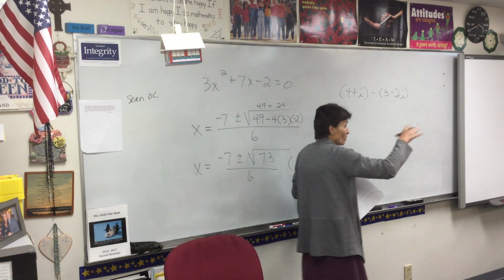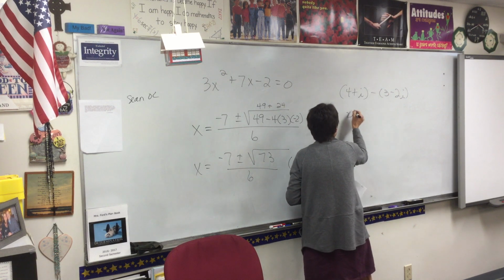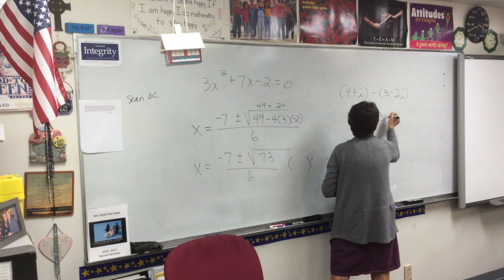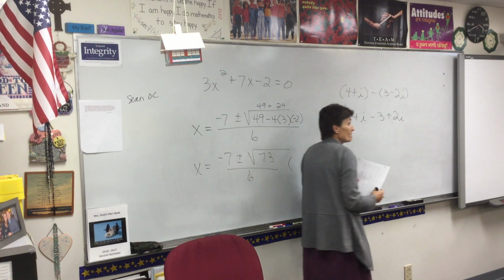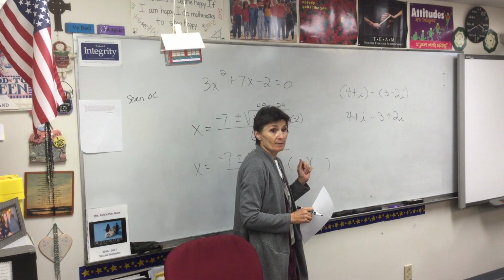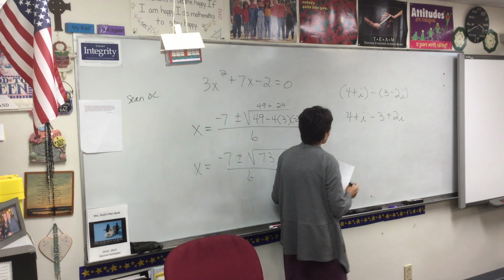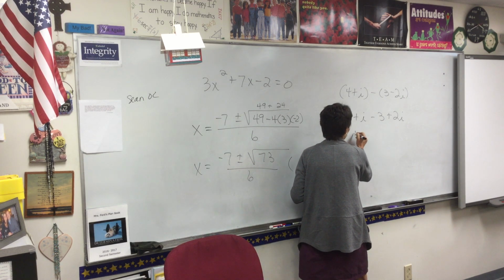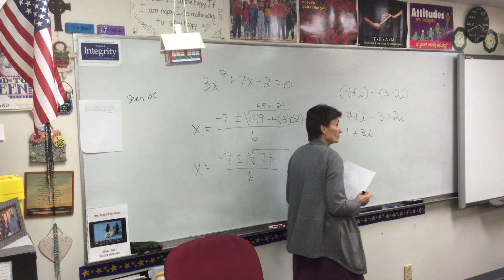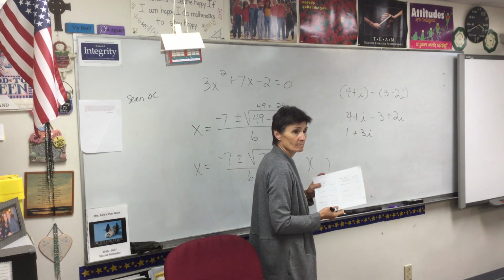Well, I'm going to distribute the negative. I'm not going to FOIL it. I'm going to distribute the negative. Right? And then collect like terms. So 1 plus 3i. Is that it?